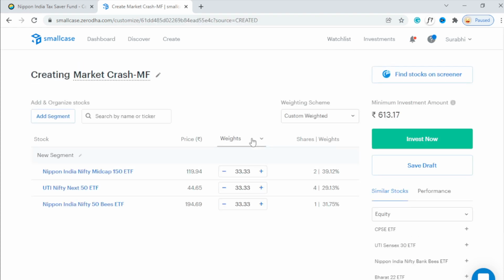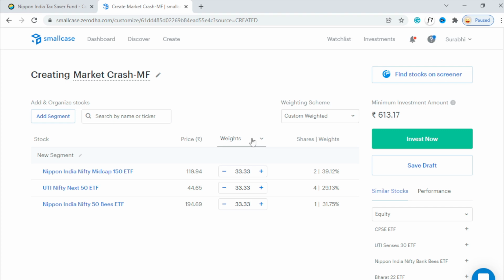This has all types of mutual funds. We have kept it prepared so that whenever a market crash happens in the index, if the index is down by 20 to 30, 35%, then we'll directly come into the smallcase. And we have an investment idea of maintaining money until a crash happens.